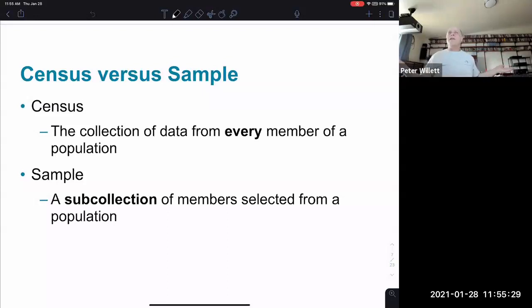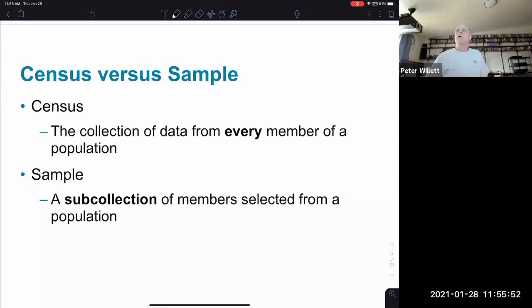So that would be ideal. If I wanted to know how tall all the students at DVC are, the best thing would be for me to do a census and collect that information. But as we've said before, often if you have very large bits of information you want to collect, it's not practical to collect it all. But if you can, then that would be the most accurate results you could get.